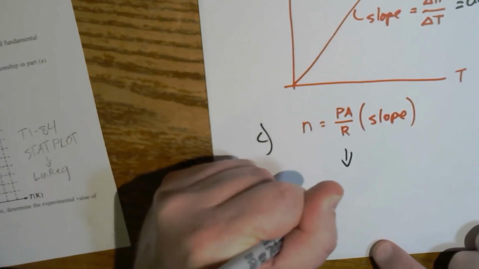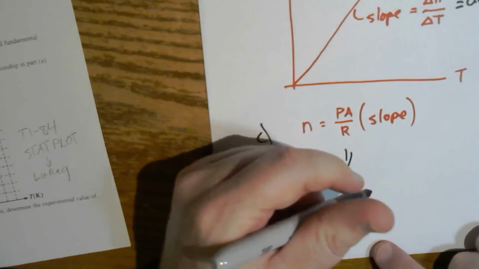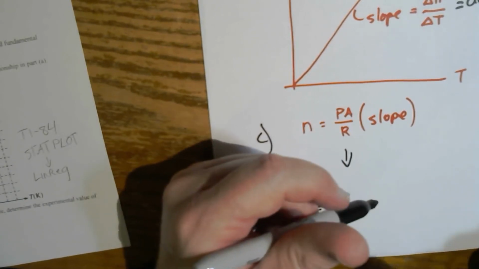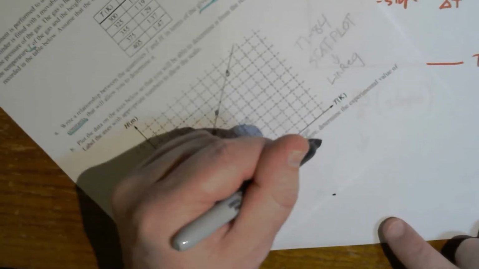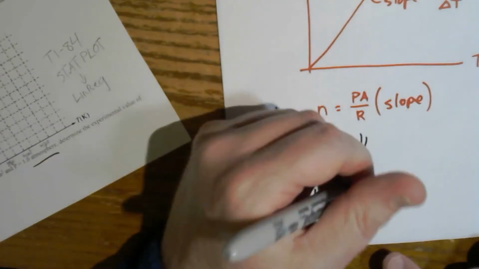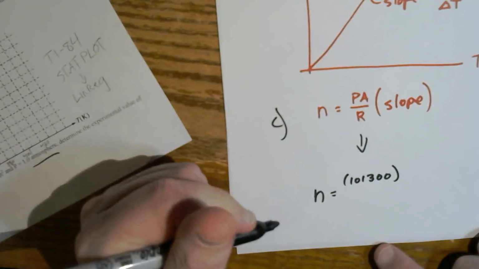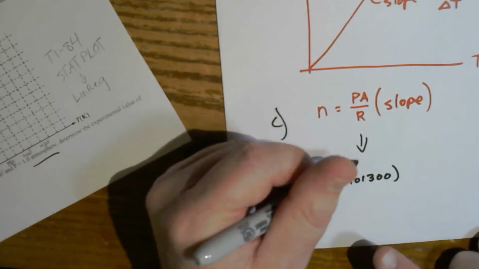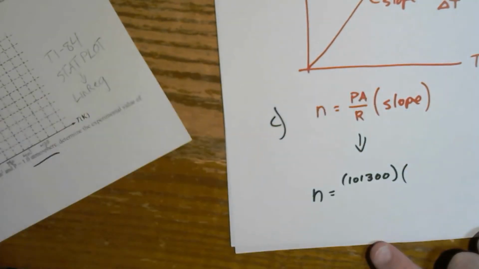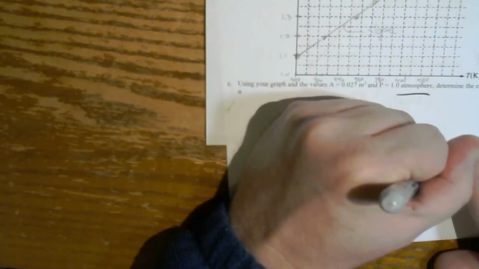And so now I can use this relationship for part C to find the number of moles. So N is the pressure times the area. Now the pressure is 1 atmosphere, but remember, you can't use atmospheres. You've got to use the pascals version. So it's 101,300 pascals, that's one atmosphere, times the area, and it tells us the area is 0.027.